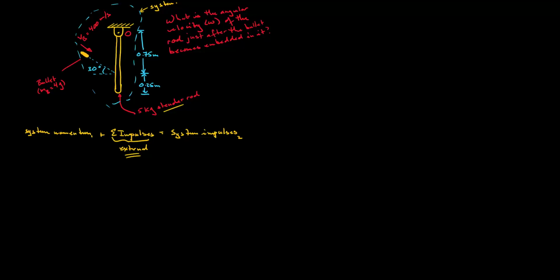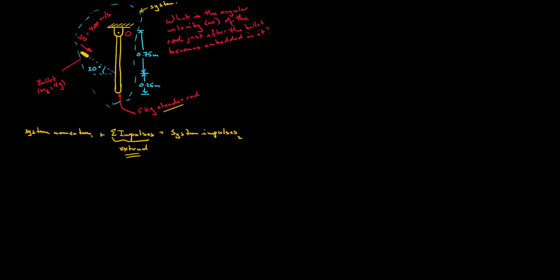Looking at our system now, the only impulses external to the system are due to the reactions at O, potentially, and the weights of the bullet and the rod. So we have effectively eliminated from the analysis the impulse which the bullet exerts on the slender rod and vice versa. Hopefully this is clear.